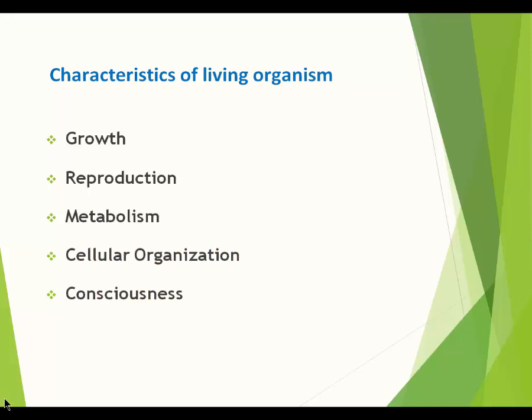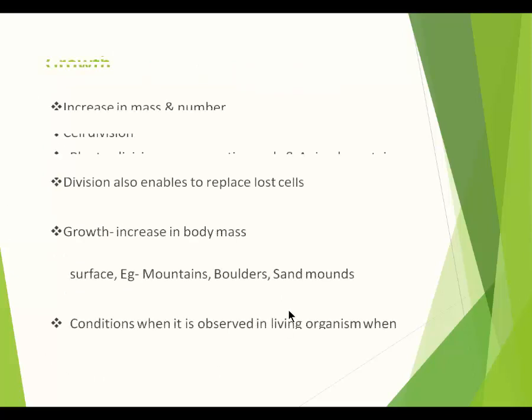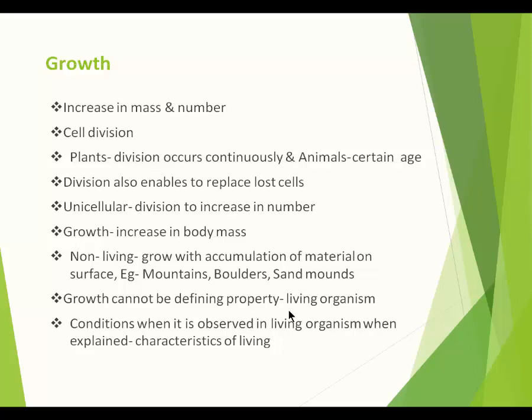That means an object which is showing growth, having the capability of reproduction, can show metabolism, has some cellular organization, or has some consciousness, is showing the characteristics of a living organism, and the culmination of all this is life. Now one by one we are going to discuss the different aspects of the living characteristics. So first one is growth.